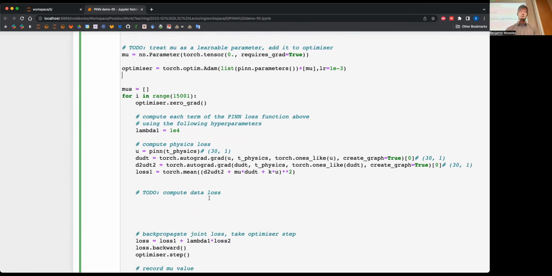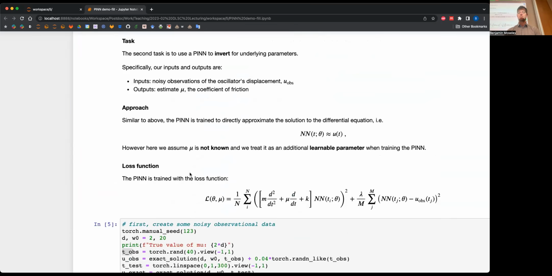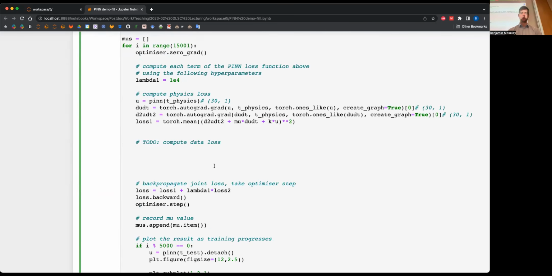Okay. And then I've copied and pasted the physics loss from above. That's exactly the same. There's no change. We don't have a boundary loss anymore, but we do have this data loss, which is this extra loss term. This is saying at the data points, it's a supervised loss to make sure the network matches them. So let's go ahead and compute that. Again, we need to run the PINN at the observed locations.